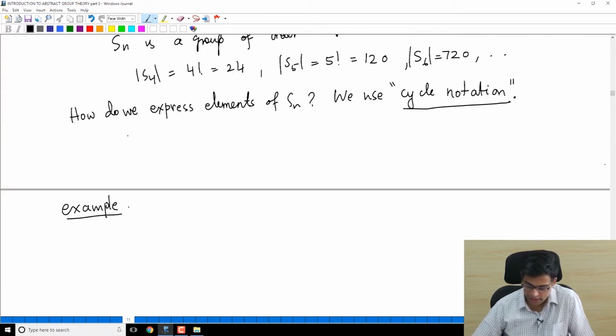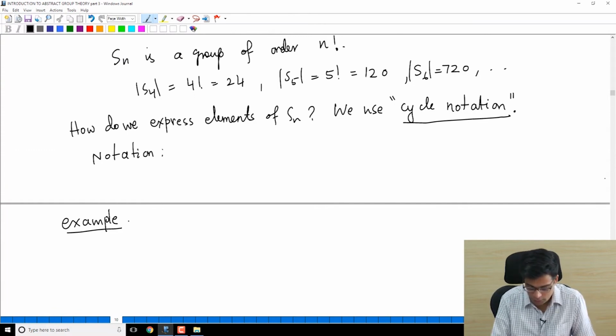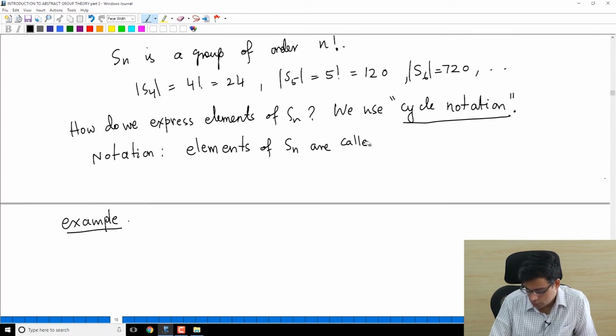Okay, so before I do the example, just a notation so that I can keep using this. Elements of Sn are usually permutations.